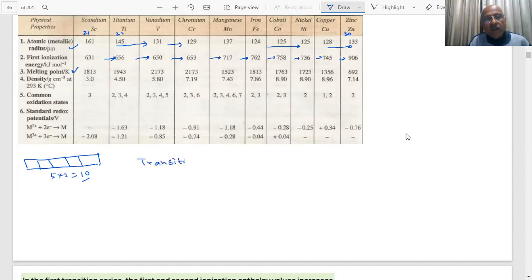If you compare them with alkali metals, which are soft, you have seen alkali metals are also metals, but they are soft, whereas here they are hard and high melting. Why? Because it depends on the metallic bonding. Here what we are talking about is metallic bonding, students.